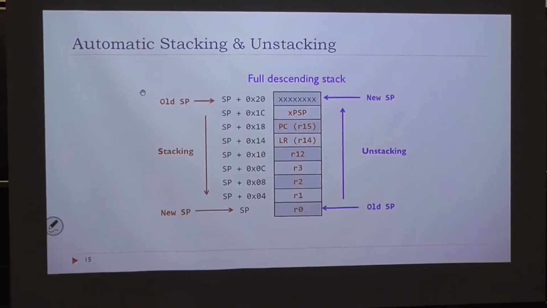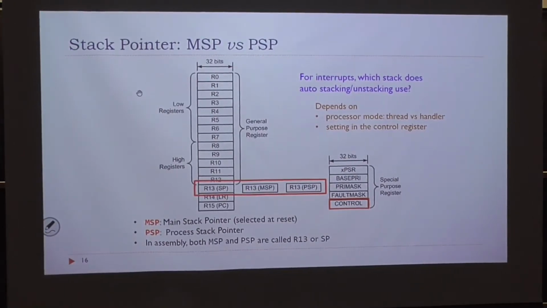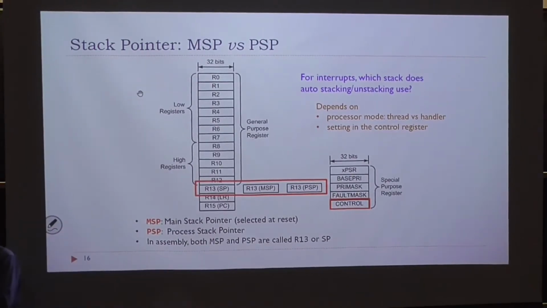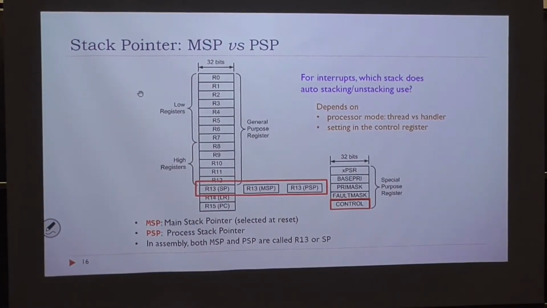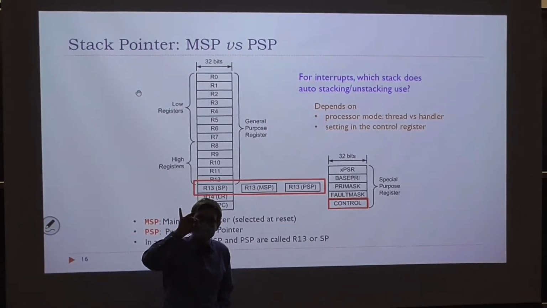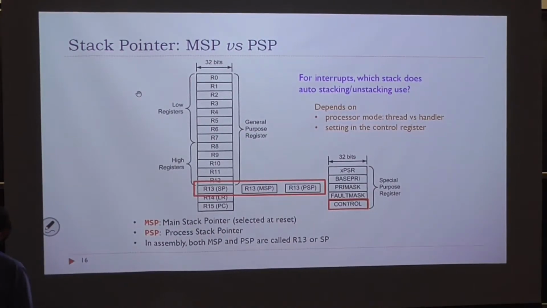They are called MSP and PSP, main stack pointer and process stack pointer. The purpose of having these two stacks is essentially to enable operating system support.